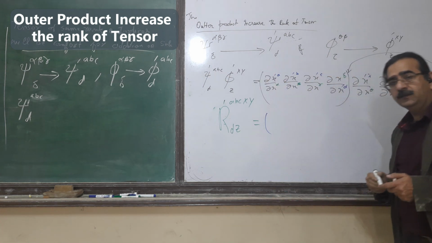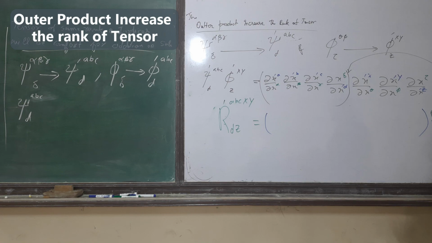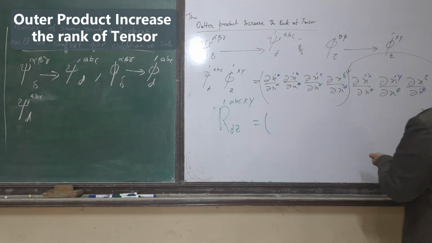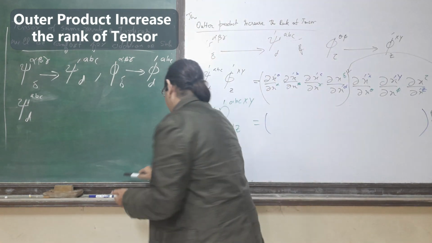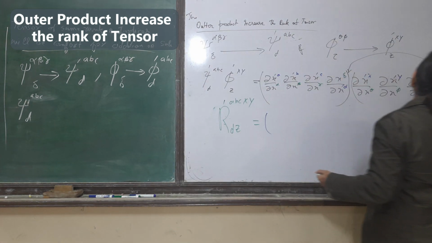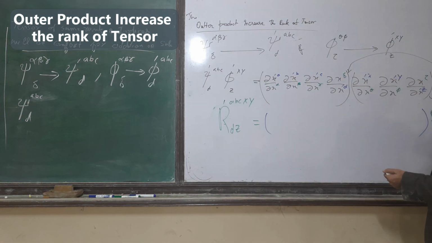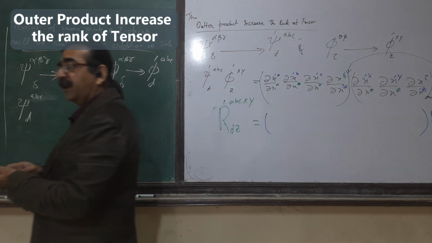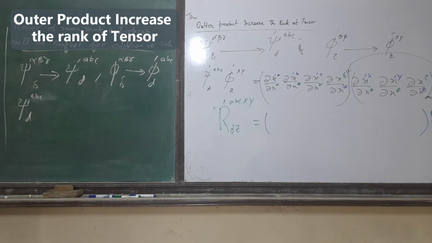Firstly, you write it here, just as we have done last time, and this is the transformation law of this, and this must be written right here. Then we will take the common answer, and then that will be proved.